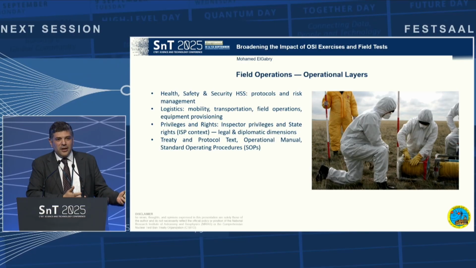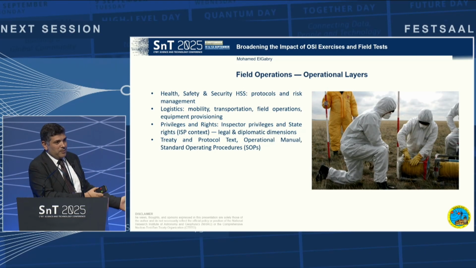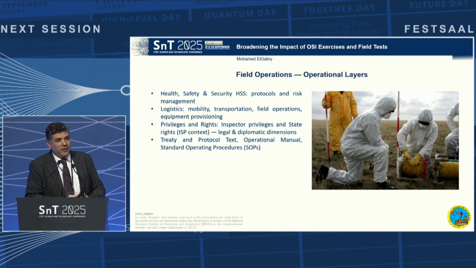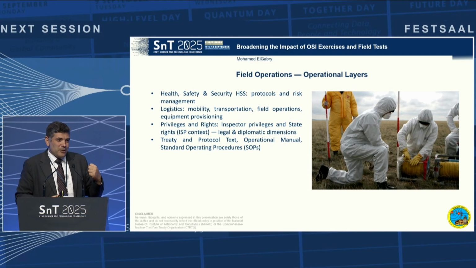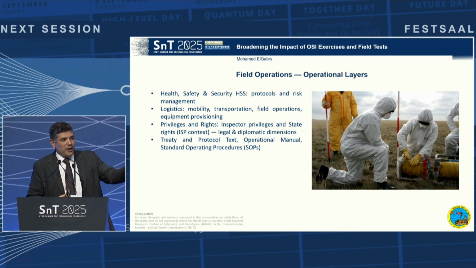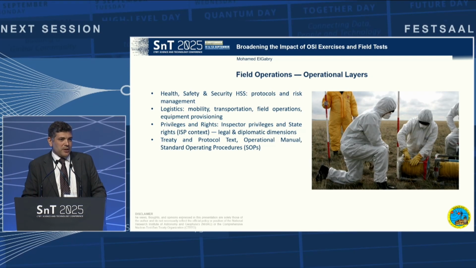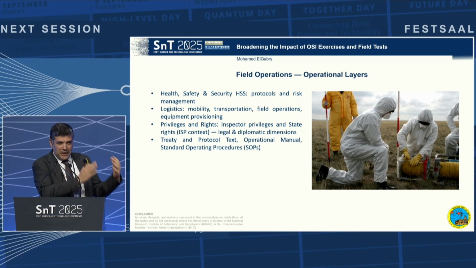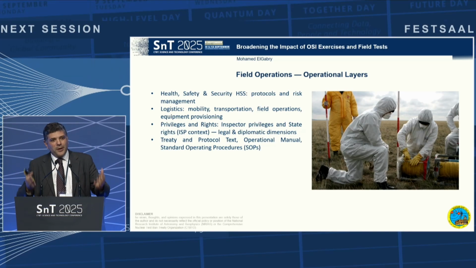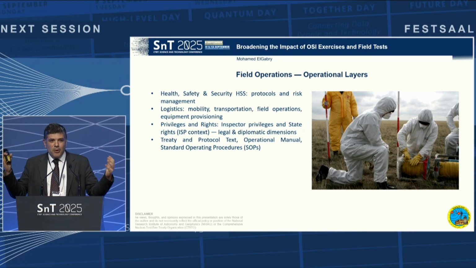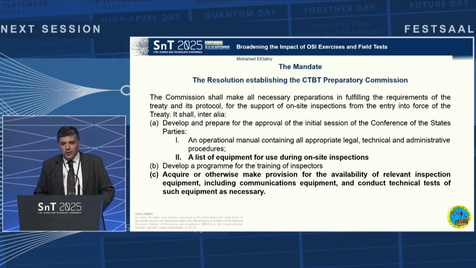And on the other side, we have rights and obligations, both of the inspected state party towards the inspection team, and the obligations and rights that the inspection team should observe and follow. So it's a very complex process. It's not only about techniques, it's not only about operational and logistic aspects, it's about integrating all of this to achieve a successful inspection.